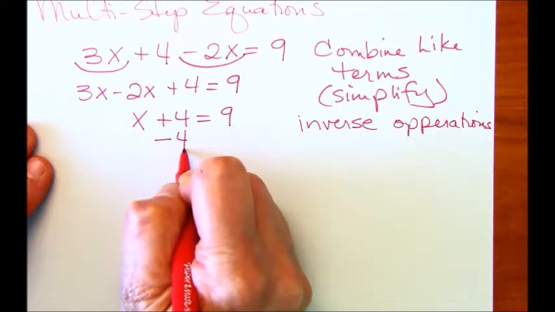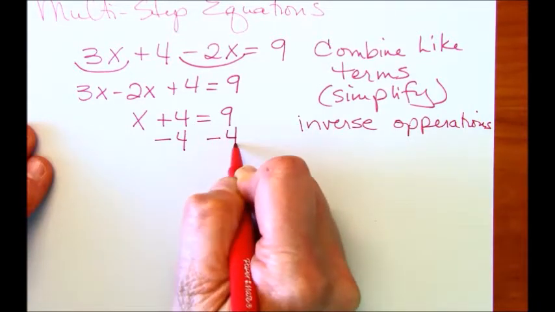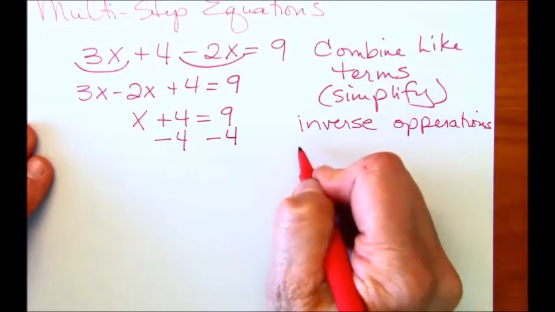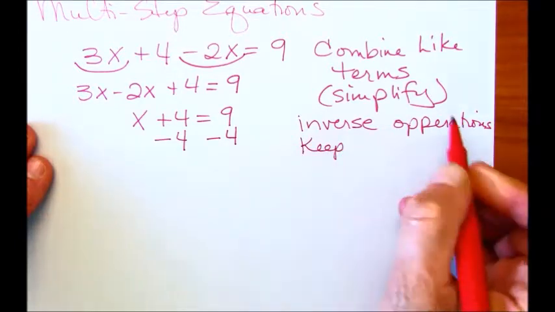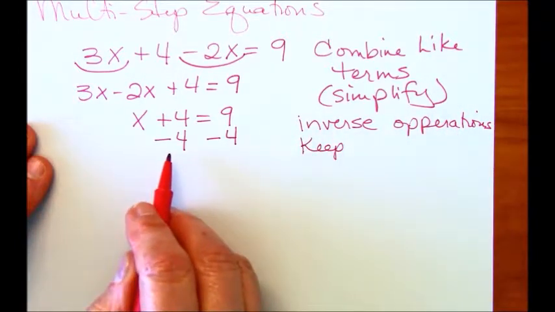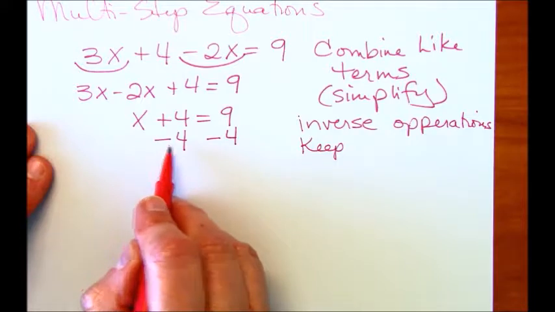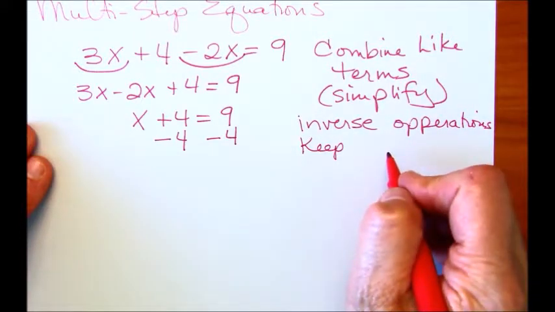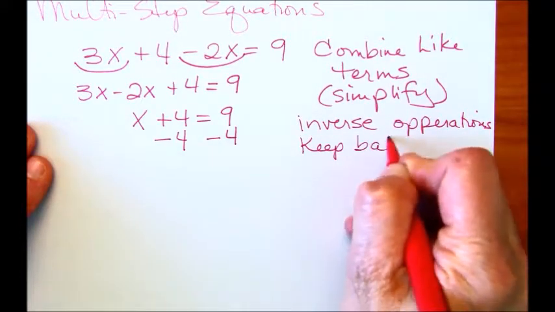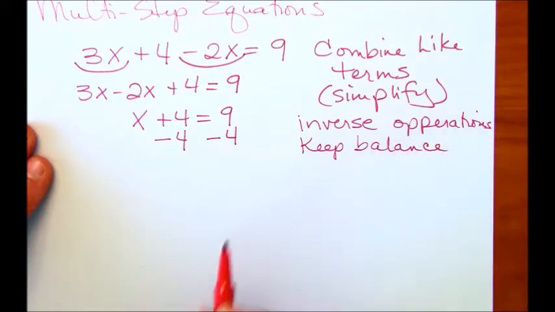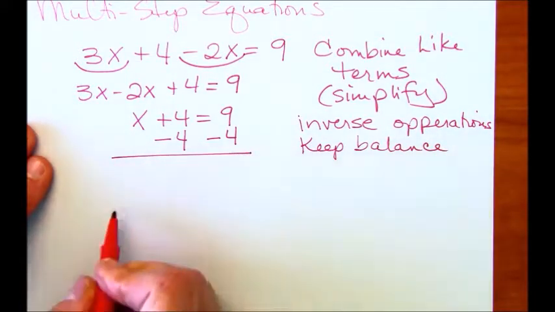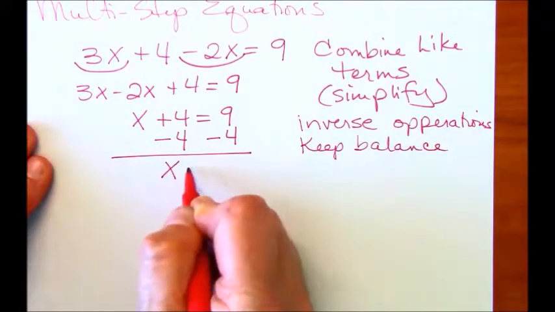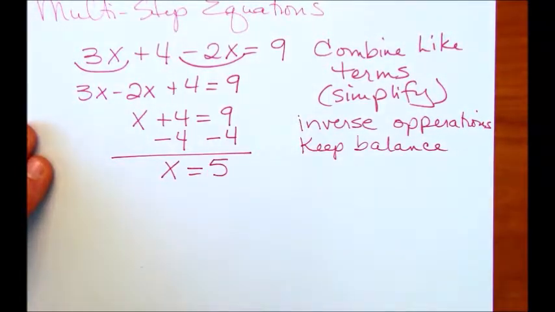So we're going to subtract the 4, and we're going to subtract on the other side. So we want to keep the balance, meaning whatever we do on one side, we have to do on the other side. So keep the balance. That's going to give us x equals 5.